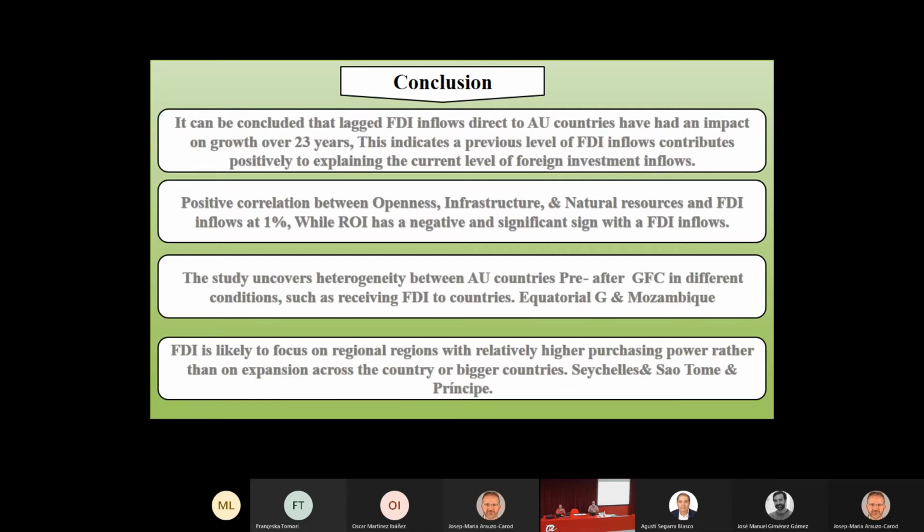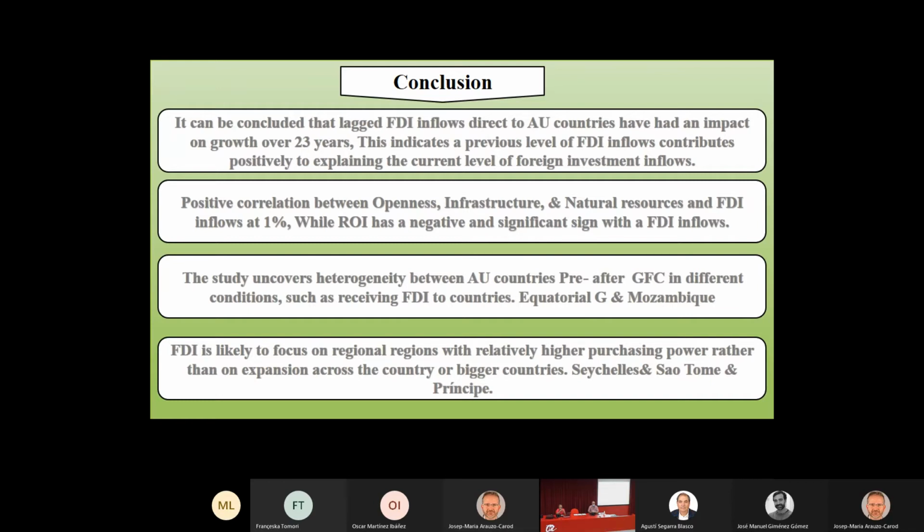FDI is likely to focus on regions with relatively higher purchasing power rather than on expansion across the country, bigger countries like Seychelles and Sao Tome and Principe.